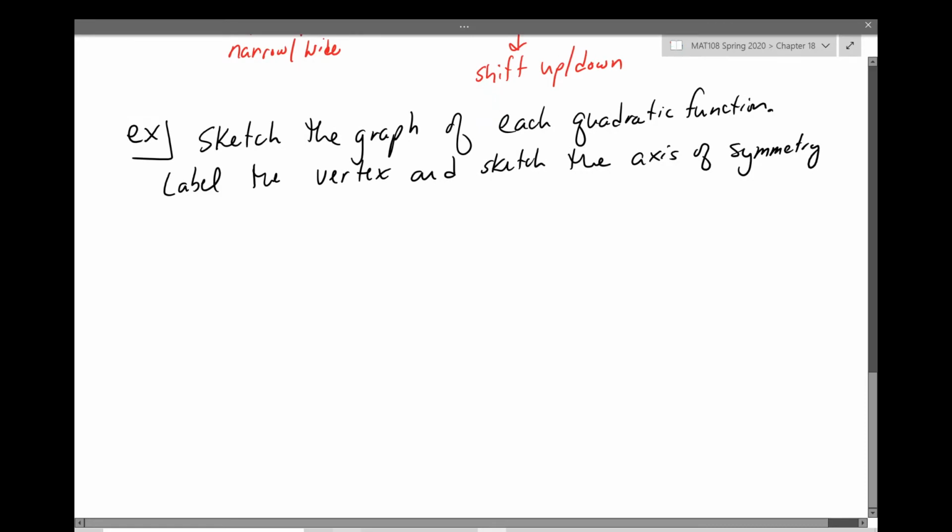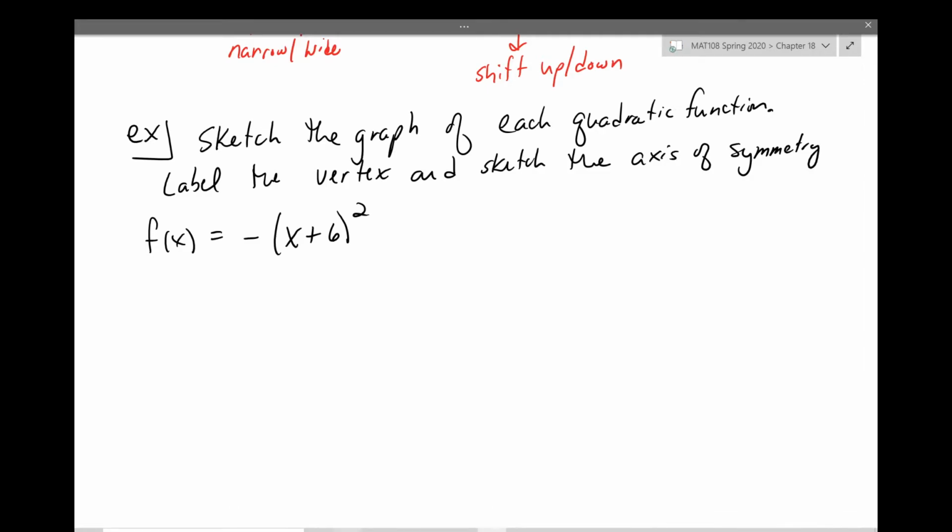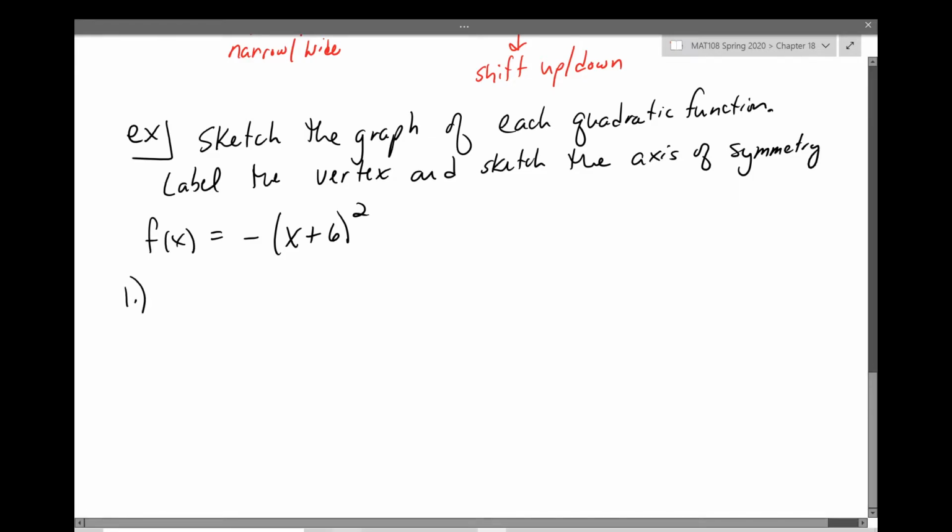So here's our first problem. Let's look at f of x equals negative (x plus 6) squared, okay? So when we go ahead and do this, it's kind of nice to start off with step 1, which is a vertical shift.